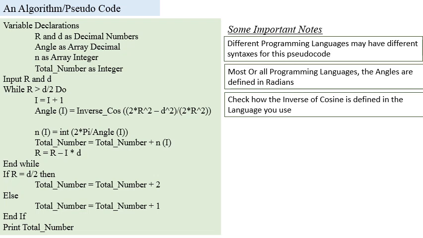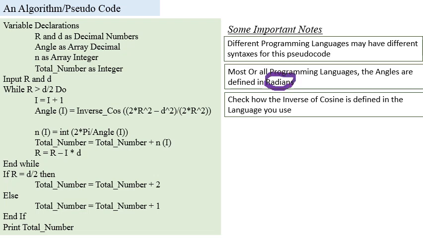But there are a few points you need to observe from this algorithm. As I'm quite positive those people who are familiar with programming know, this is pseudocode, which is not subject to any syntax. Then you need to adapt it to the syntax of the language you use. Another point: most or all programming languages, whenever you deal with angles, particularly for the inverse case, use radians.